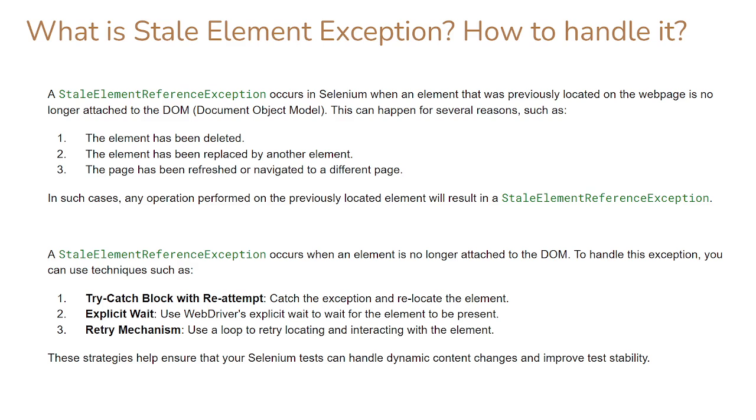Next is using explicit wait. As we mentioned, explicit wait uses WebDriver explicit wait to wait for the element to be present to locate an element. Using explicit wait is another good idea to avoid stale element reference exception.